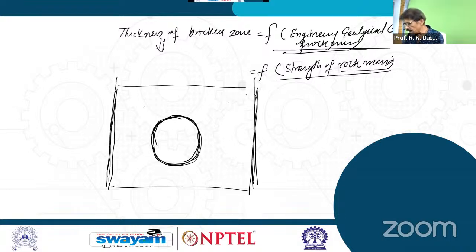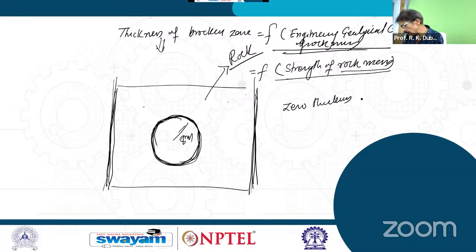Discontinuity is beyond this opening. When these discontinuities are traversing outside the created opening, meaning we have an intact block in which we create an opening of, suppose, 8-meter or 6-meter diameter and 1 kilometer length, then there is zero thickness of damage zone.